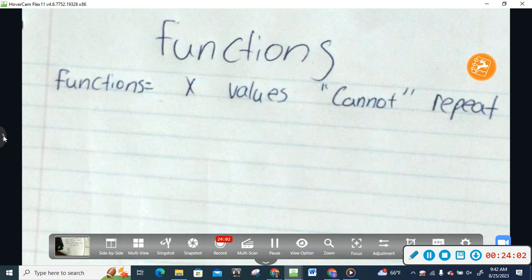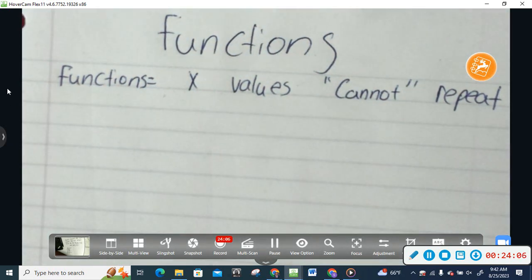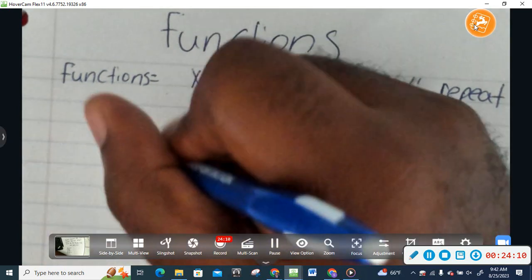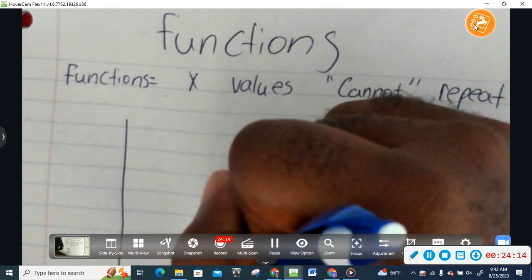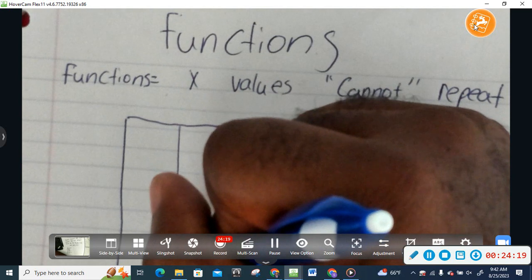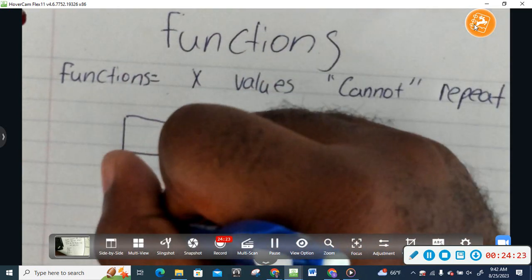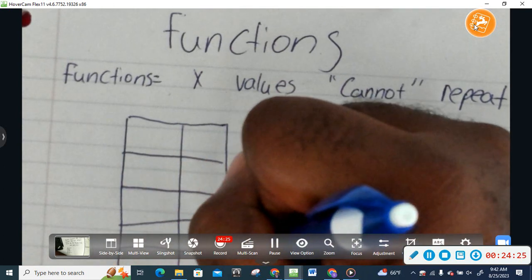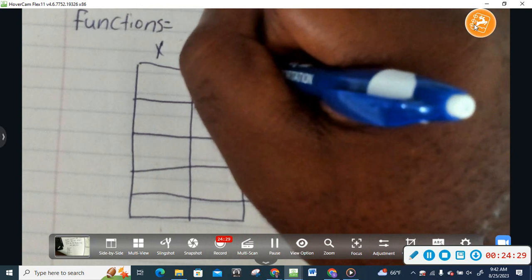So let's talk about the first way that I might see this question. The first way that I might see this is with a table. I might get a table. So it's going to look something like this. Over here I'm going to have X values.